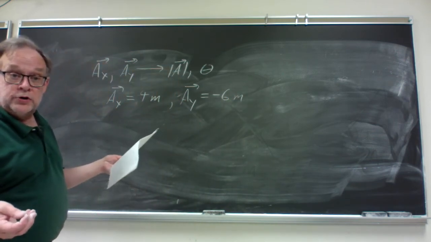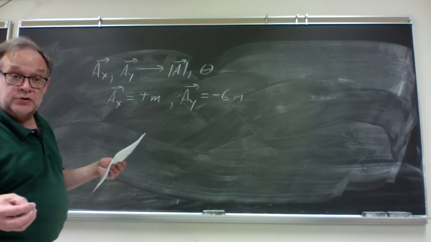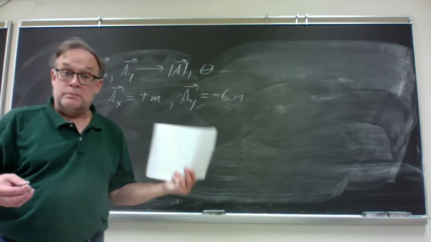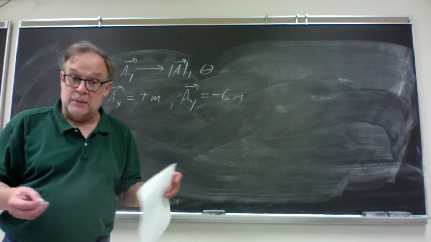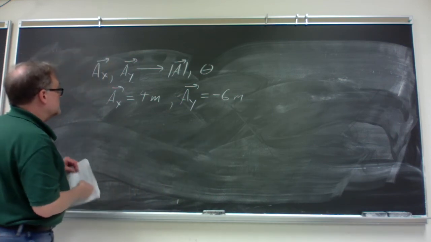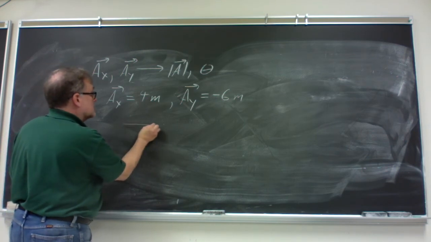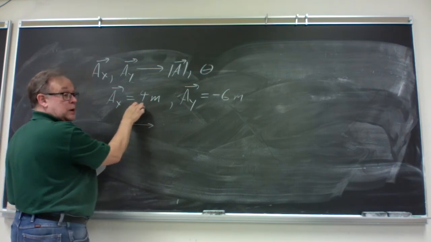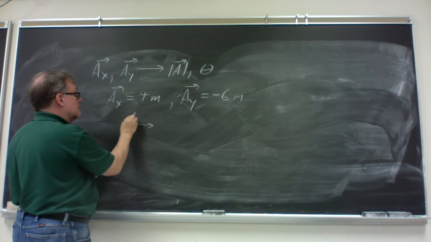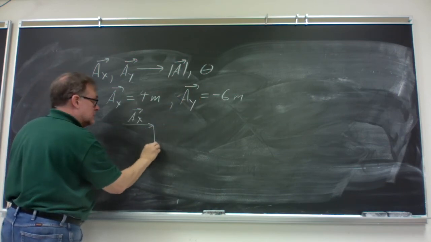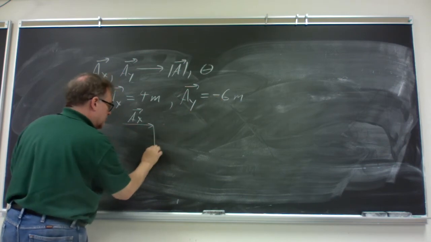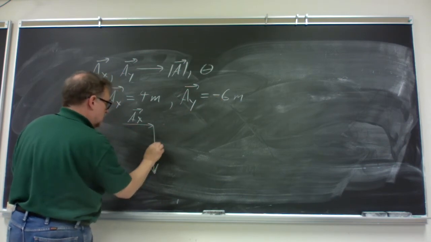So we always want to draw a picture when we're dealing with a vector and its components, and that picture will always be a right triangle where the vector itself is the hypotenuse. And so in this case, AX is a displacement of positive 4 meters, and then AY is a displacement in the negative y direction and 6 meters long.